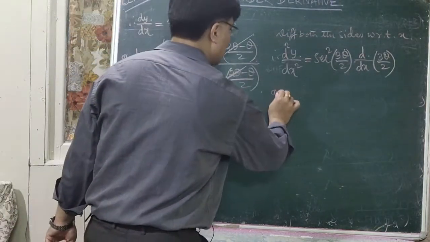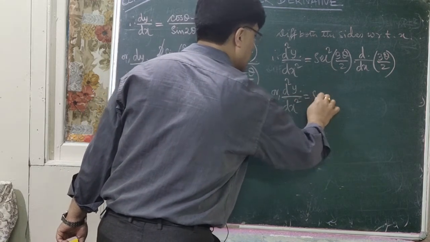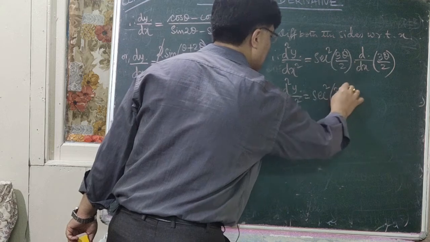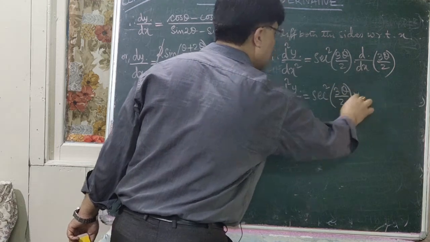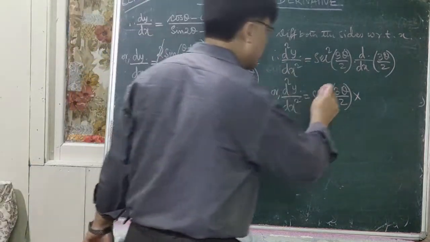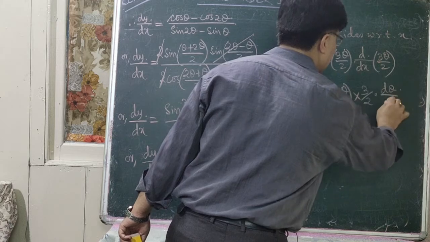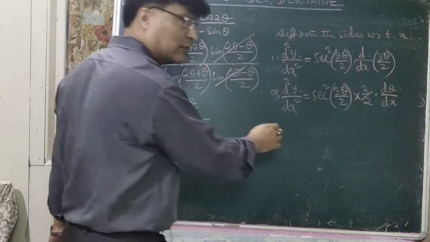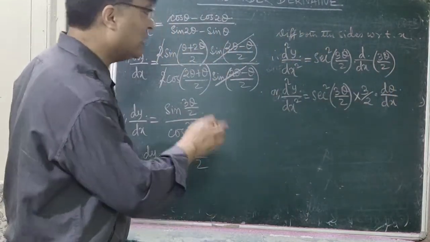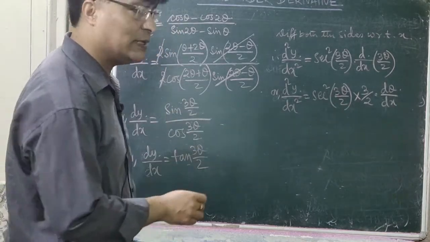Okay, so d2y by dx square is equal to sec square 3 theta by 2 into, now differentiate 3 theta by 2 with respect to x, so it will be 3 by 2 into d theta by dx. 3 by 2 is constant, you can keep it as it is, into the differentiation of theta with respect to x, that is d theta by dx.